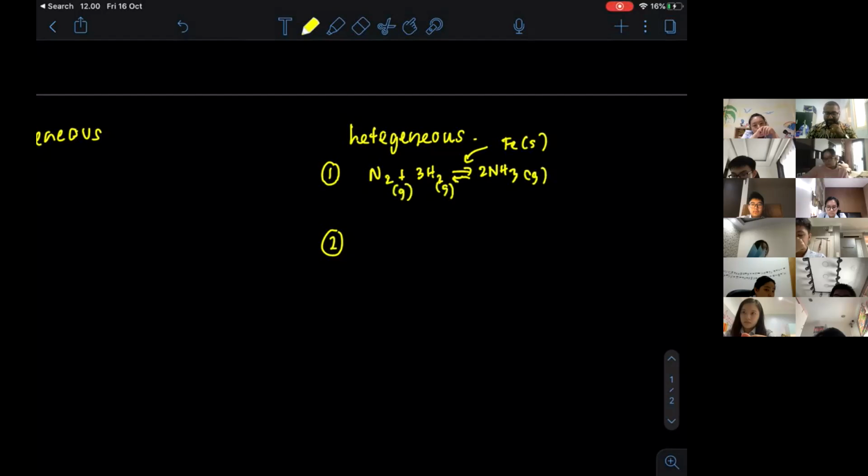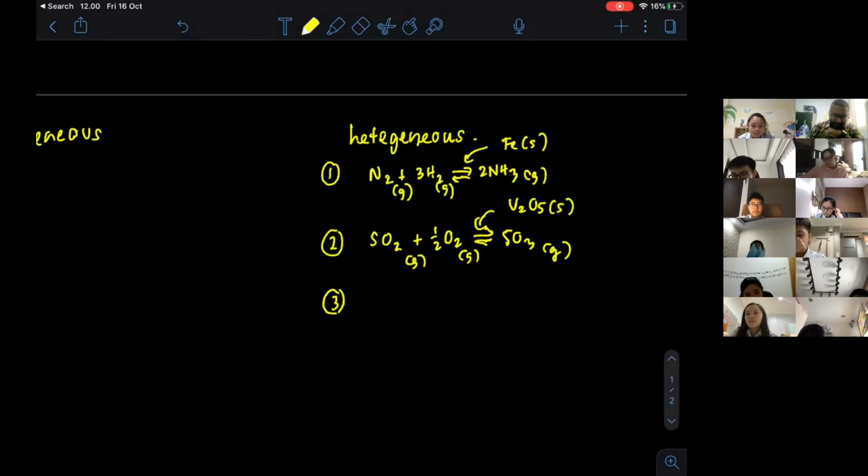Can you give me another heterogeneous catalyst? I think I gave three. The contact process: sulfur dioxide plus half O2 gives SO3. All of them are gas, and you are using vanadium pentoxide, solid.